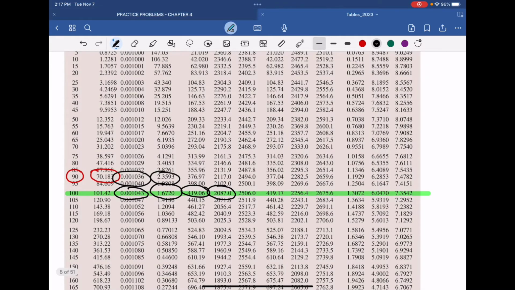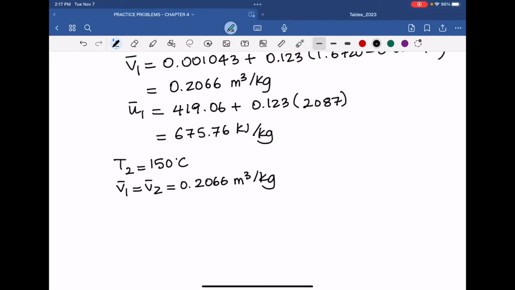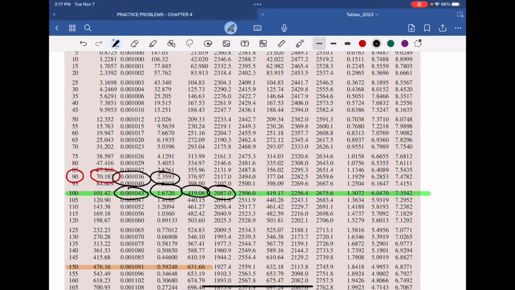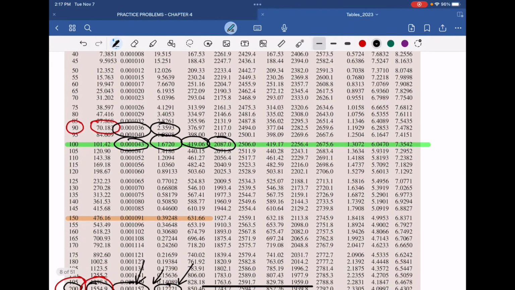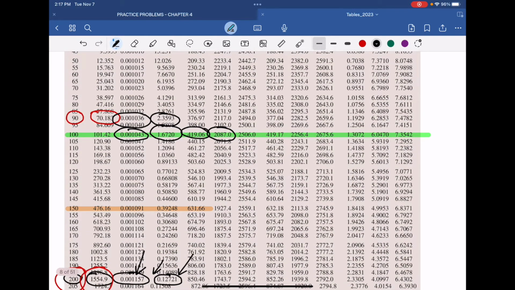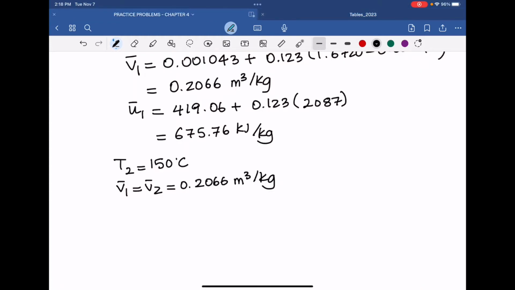What is Vf and Vg? And our value is in between those, right? 0.2066, in between those.